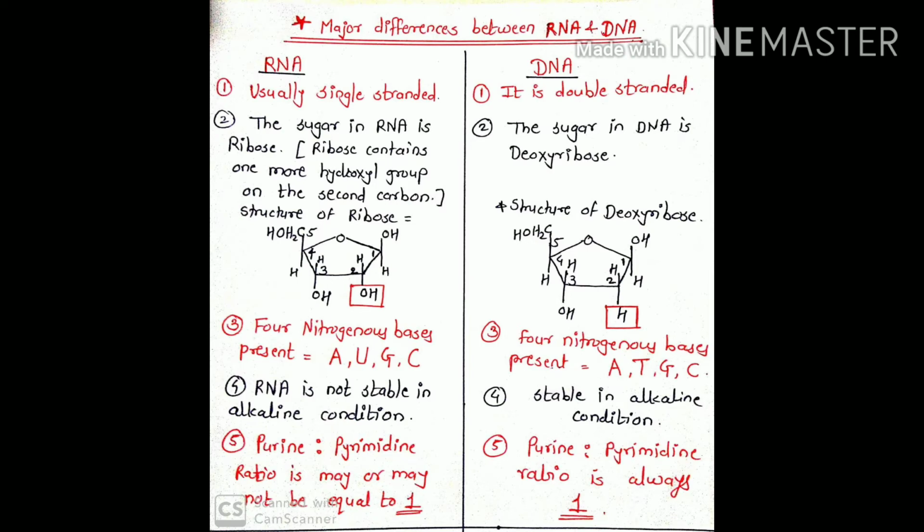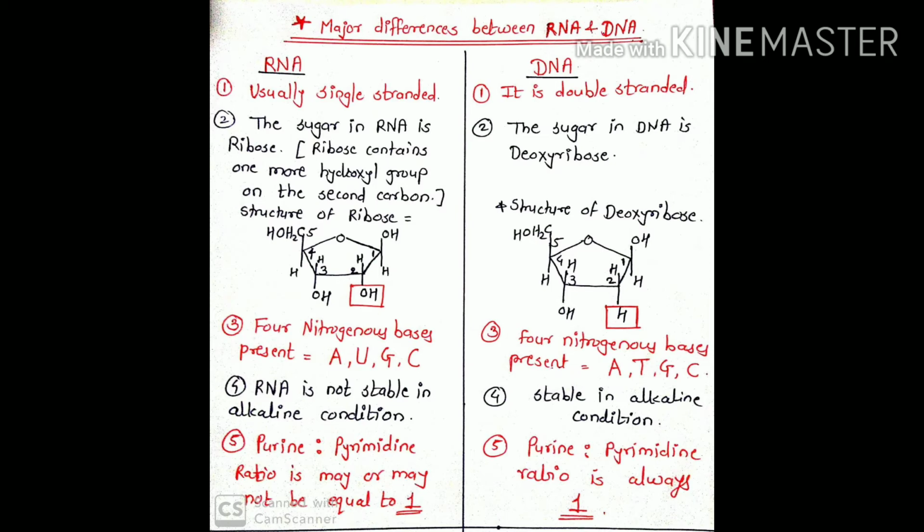You can observe it in the figure. Then the next difference is the presence of nitrogenous bases in RNA and DNA. In RNA, uracil is present and thymine is absent, and in DNA, thymine is present and uracil is absent. Other three nitrogenous bases, that means adenine, guanine and cytosine, are common in both the structures.